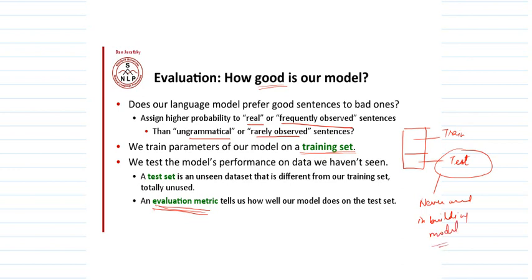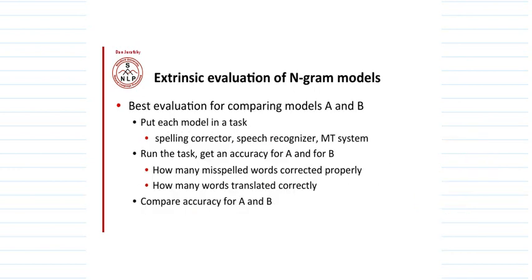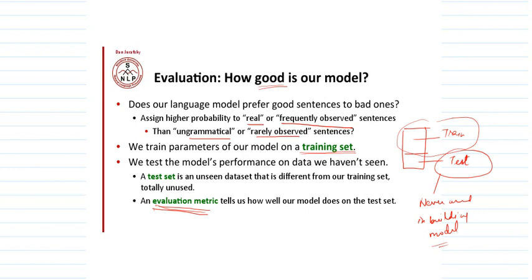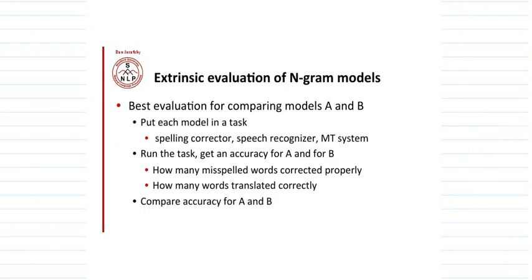So whenever we say we are training an n-gram model, it means that we are calculating the probabilities, or for the case of bigram we are calculating the bigram probabilities for all the bigrams present in this train corpus, right? So we say that we are training the bigram probabilities, or we are training the parameters. These bigram probabilities are actually the parameters of the language model. So that's the general framework for evaluating a model.